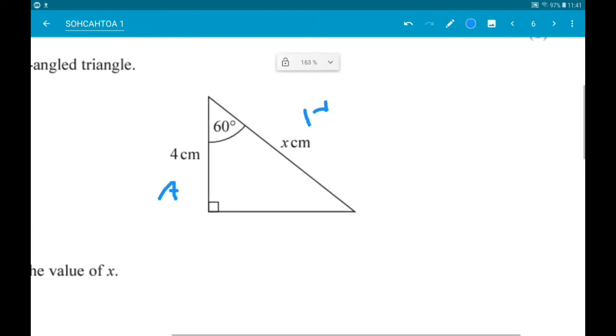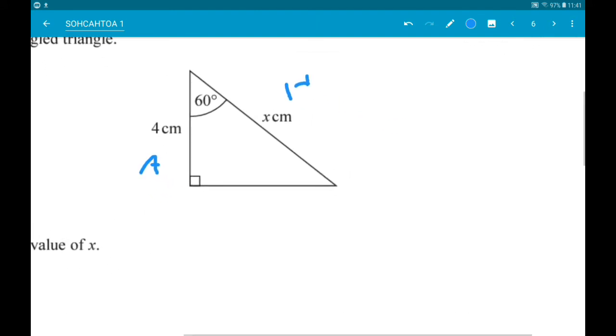Is it SO? No. CA? Yes. That's why they've told us cos of 60 is 0.5. So, using CA, we know cos 60 is 4 over x.